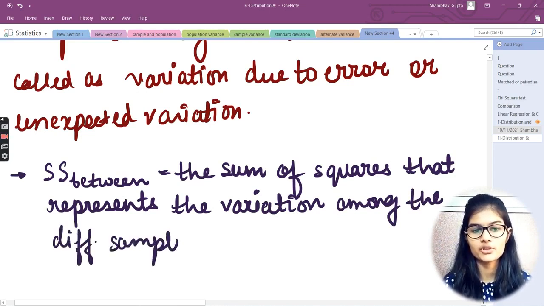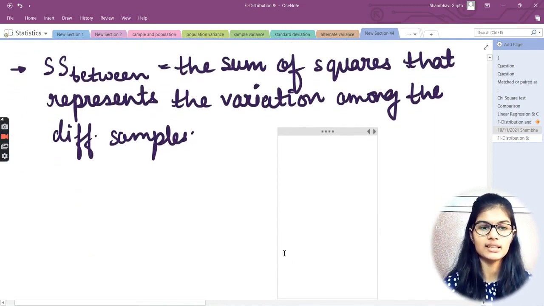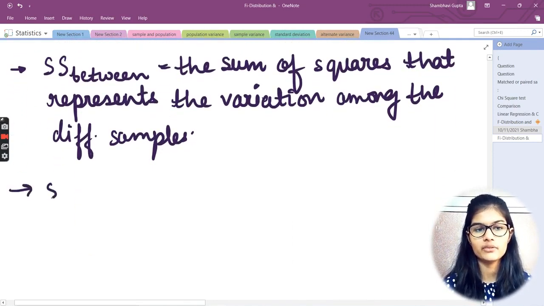This was between, and next we had one more, that was SS within, which we had studied as well.